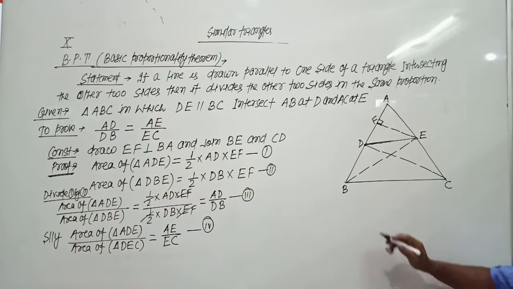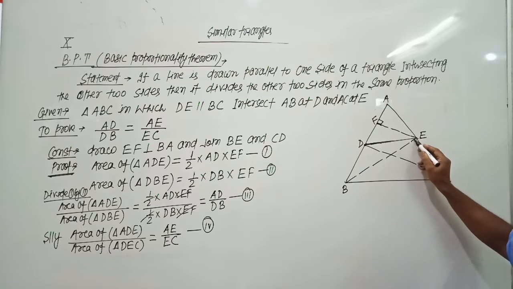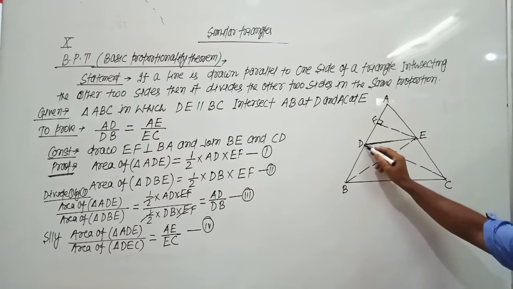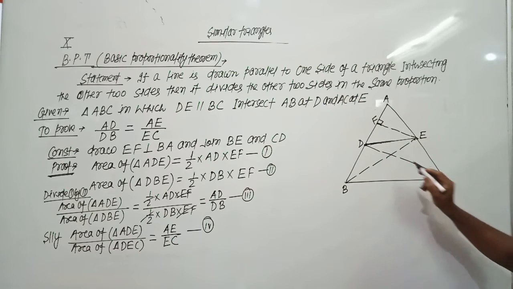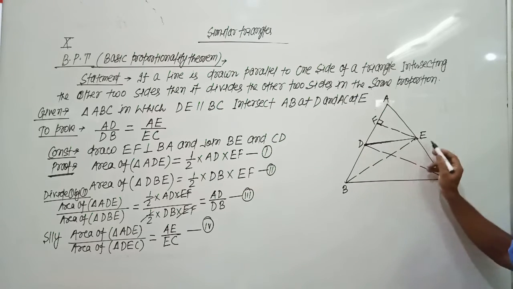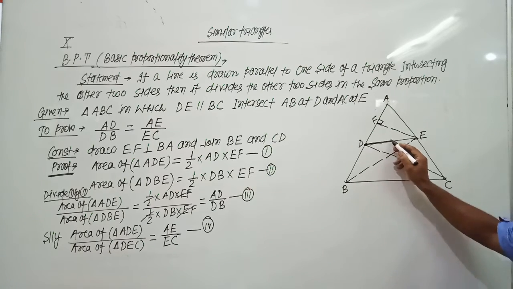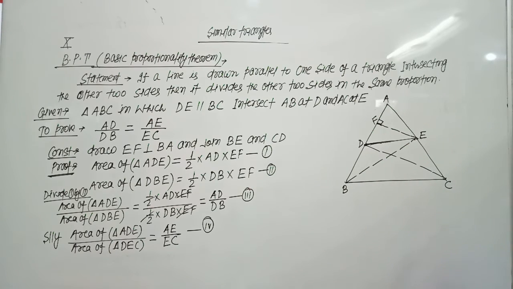So we have two triangles, triangle DBE and triangle DEC. They are on the same base DE and between the same parallel lines DE and BC. DE is parallel to BC.